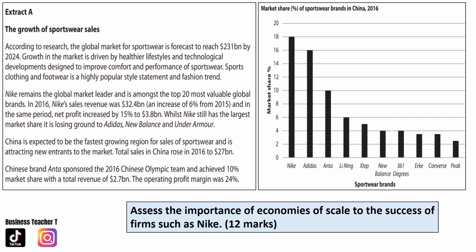China is expected to be the fastest growing region for sales of sportswear and is attracting new entrants to the market. Total sales in China rose in 2016 to $27 billion. Chinese brand Anta sponsored the 2016 Chinese Olympic team and achieved 10% market share with a total revenue of $2.7 billion. The operating profit margin was 24%.